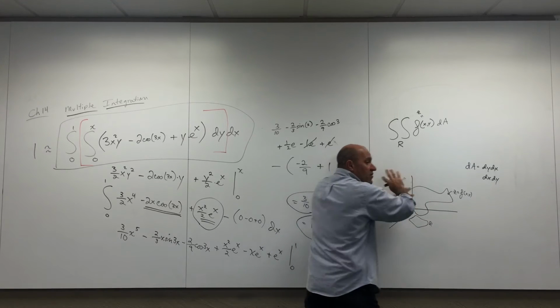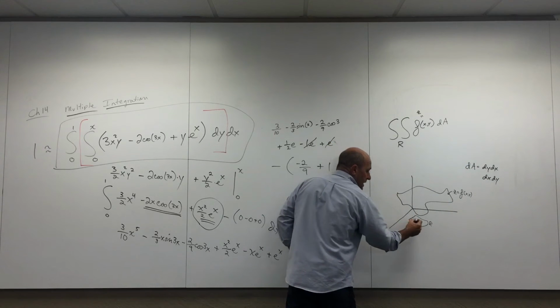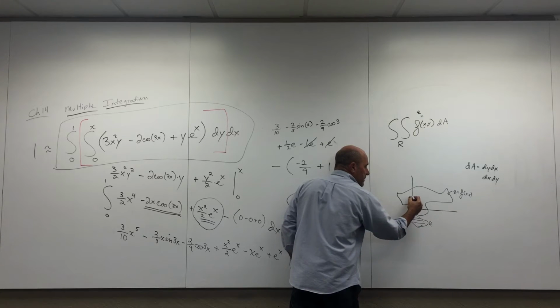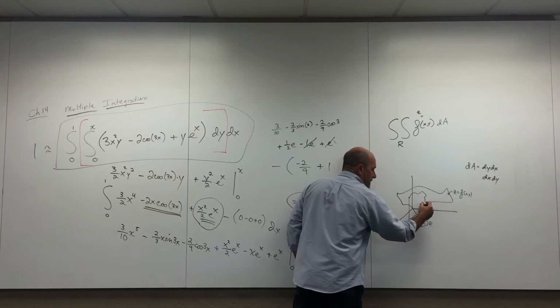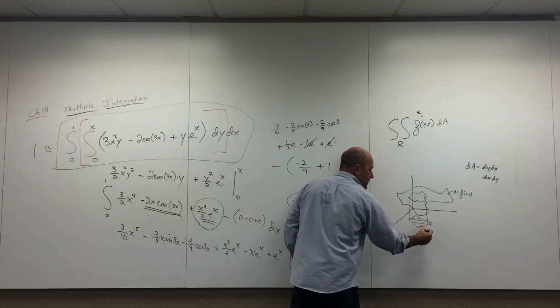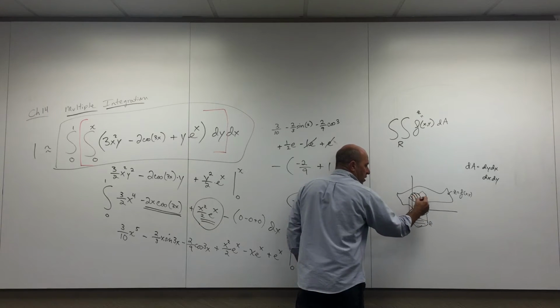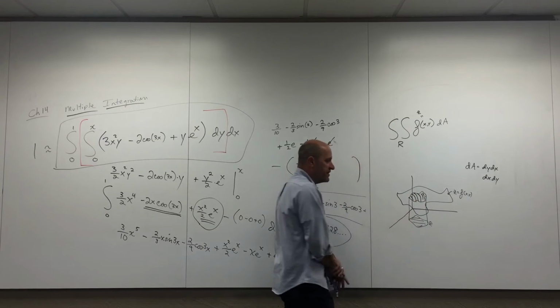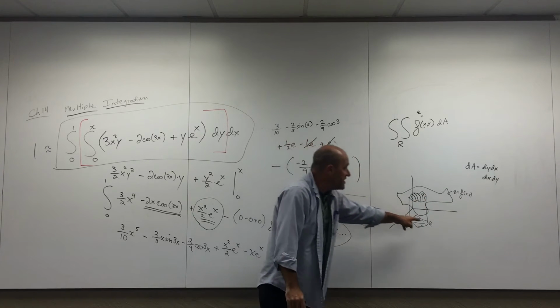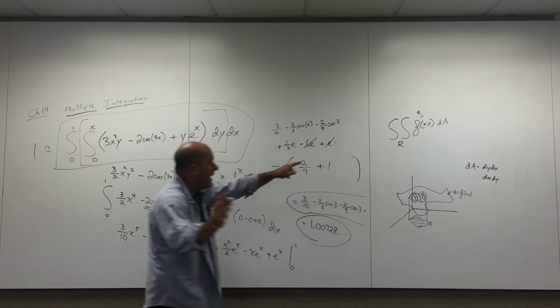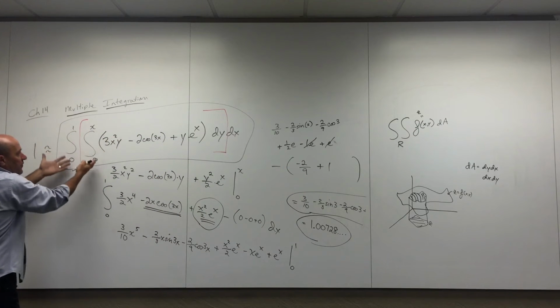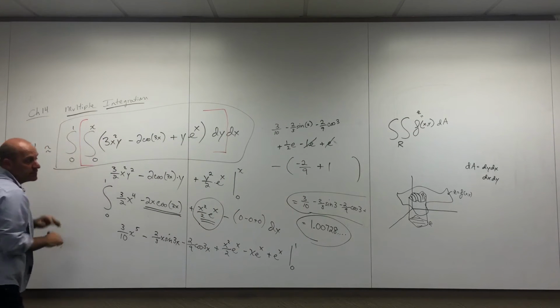So maybe we're not integrating the whole entire surface. Maybe we're just integrating the part of the surface that lives over this region. That region was well described with the bounds of the integral. Those bounds describe a region.